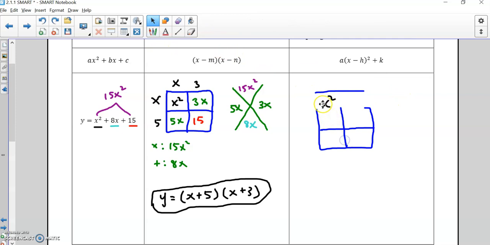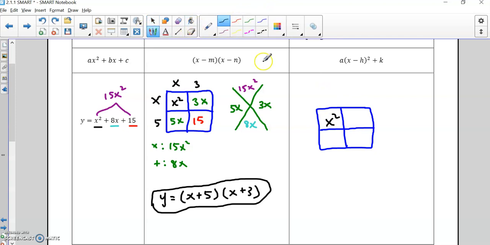Let's move it down. Alright, so I'm going to rewrite my equation here just like before. The next part is to take your middle term and divide it by 2. So 8x divided by 2 equals 4x. So that's what we get to put in these two boxes.